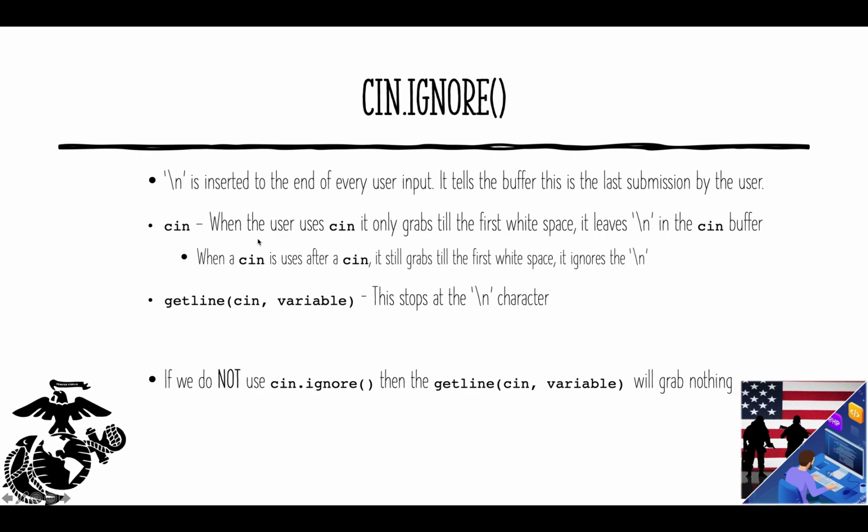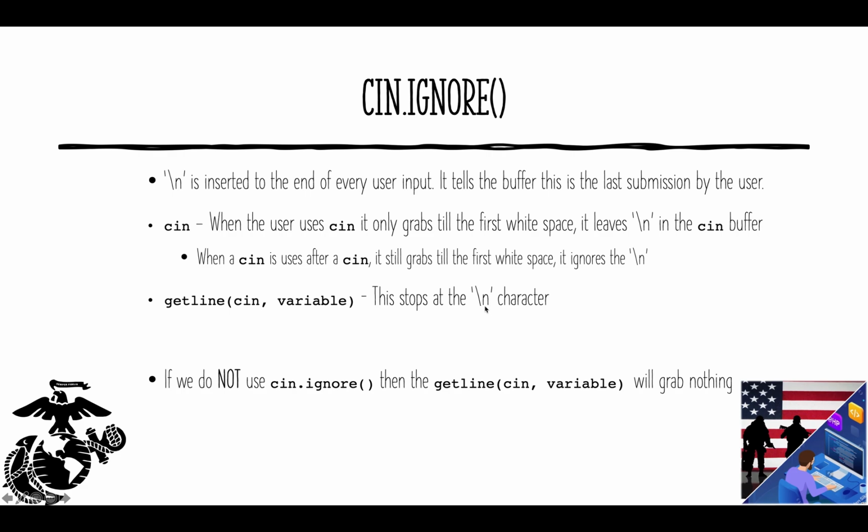So when the user uses a cin, it'll grab till the first white space, and it will leave the new line character in the buffer. So when a cin is used and then another cin is used, it'll still just grab till the first white space. It knows to ignore the new line character. Although the issue is the getline, it knows to stop at the new line character.